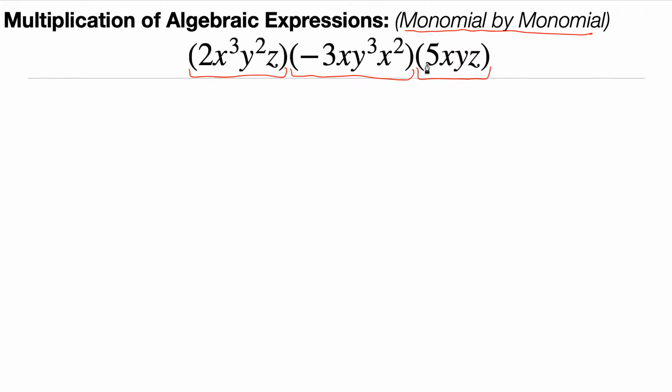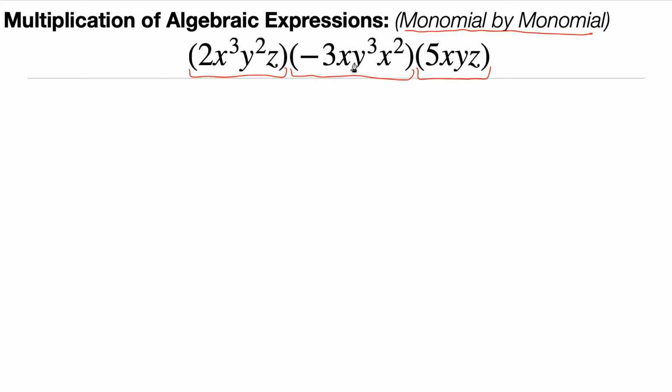Okay, so when we multiply monomials by monomials, we first need the laws of exponents, the rule of signs, and the commutative and associative laws of multiplication. Specifically, we can first multiply the numerical coefficients and then combine the exponents of the same variable.